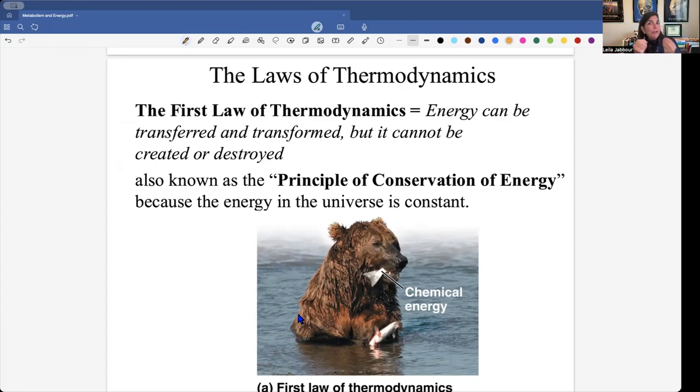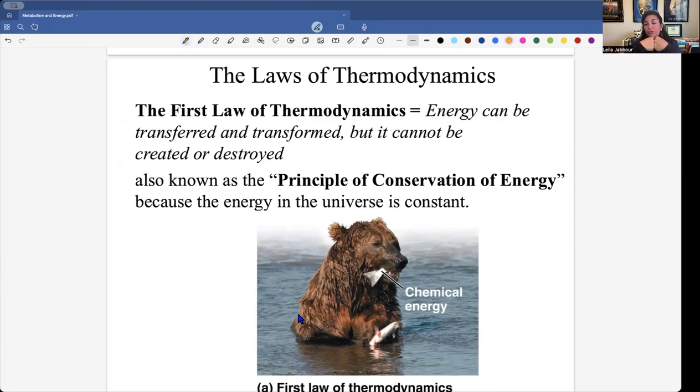So you can't create it out of thin air, and you can't make it go away and never be seen again. It basically goes from one form to another form. So this is called the principle of conservation of energy. The energy in the universe is constant.